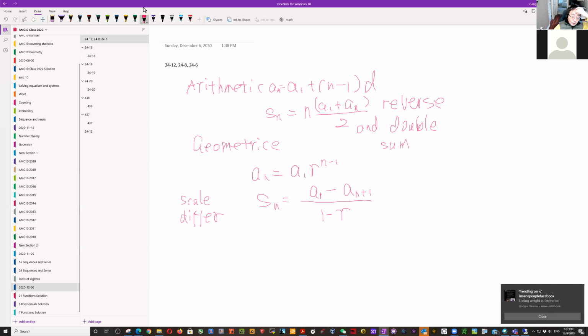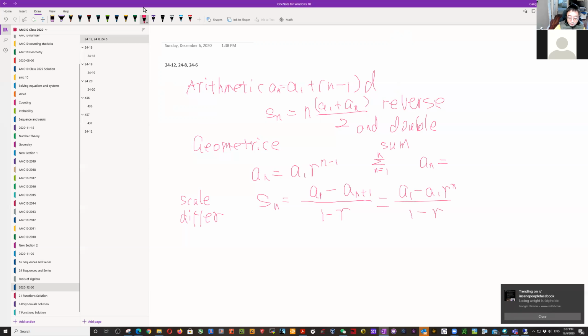Because you have to scale, when you sum it up from n equal 1 to n, an is a1 times r to the (n minus 1). So a(n+1) is basically a1 times r to the n. So you get a1 minus a1 times r to the n, over 1 minus r.